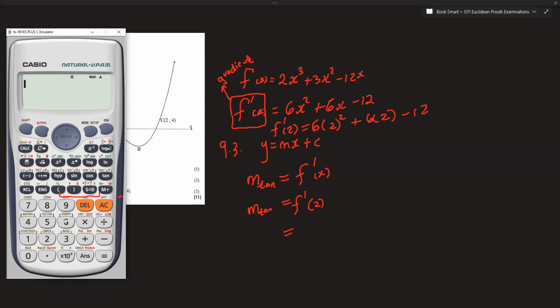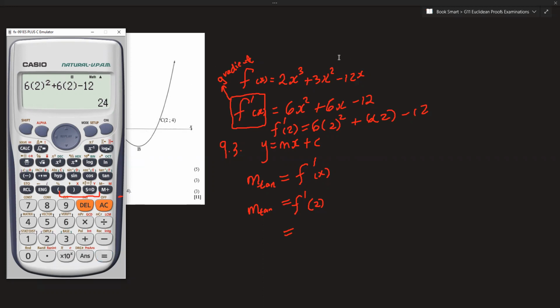So we have f prime at 2, which is 6 times 2 squared plus 6 times 2 minus 12, right? That gives us what? 24.